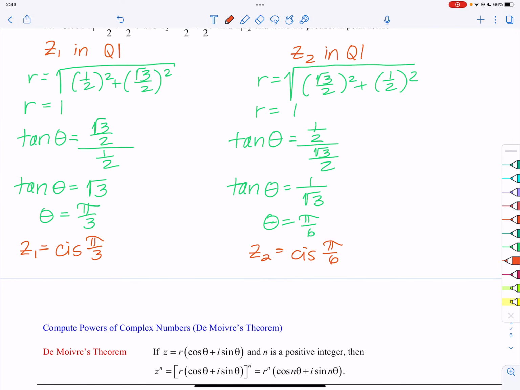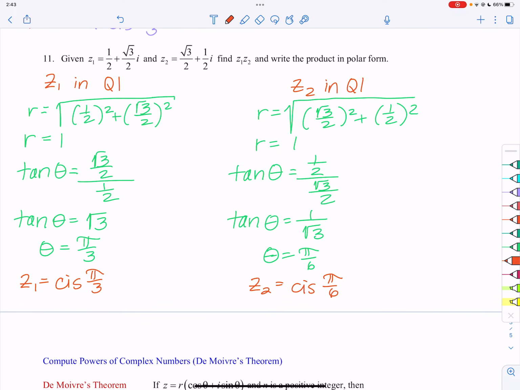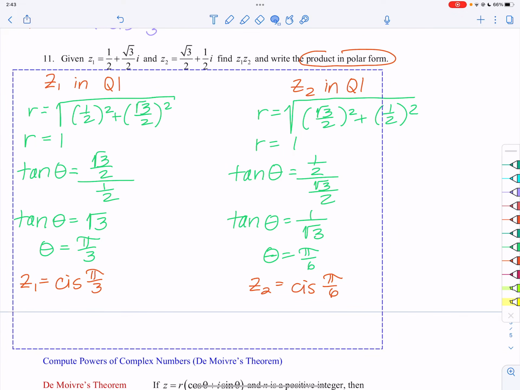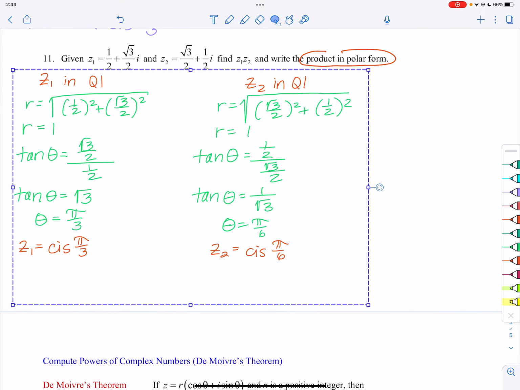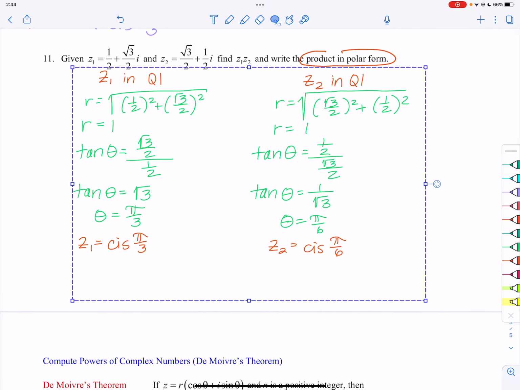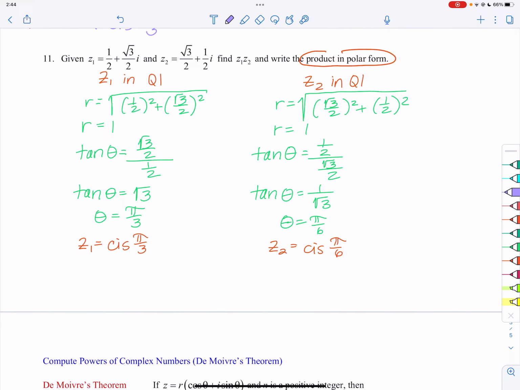So now, if we're going to find the product in polar form, I'm going to have to make a little bit of room here because I wrote so very big. There we go. So now what can we do?